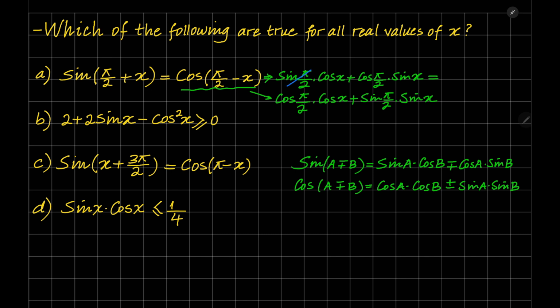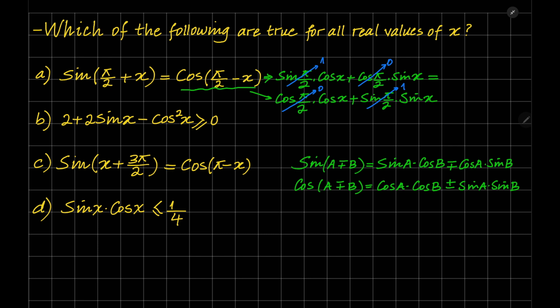We know that sine pi over 2 is 1 and cosine pi over 2 is 0. Again, cosine pi over 2 is 0 and sine pi over 2 is 1.